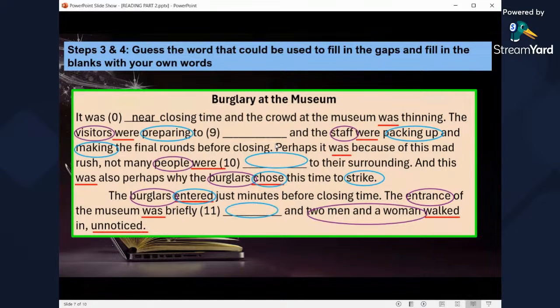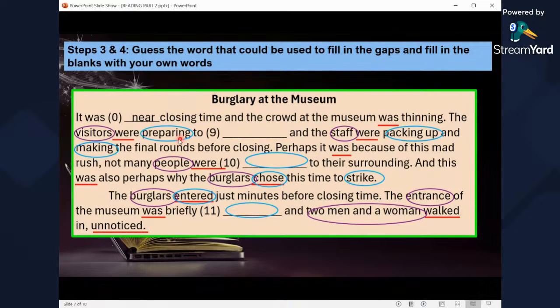All right. Okay. So it was near. This one is given in the exam paper. It was near 0 because you are not answering yourself. Closing time and the crowd at the museum was thinning. The visitors were preparing to, you don't know what, but you can guess. And the staff, because you know that it's closing time, the crowd was thinning. Thinning means getting less people in the museum.